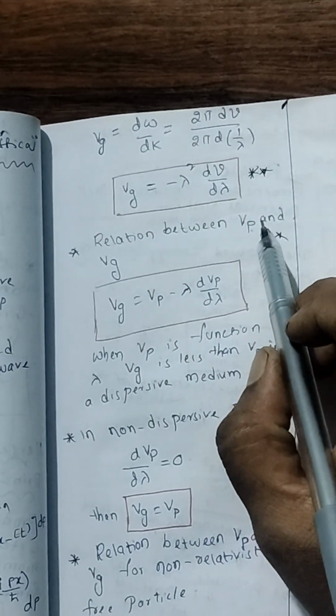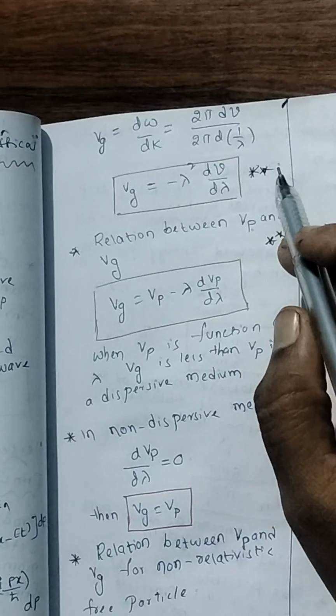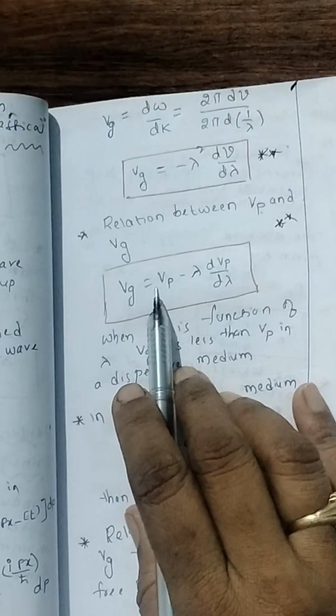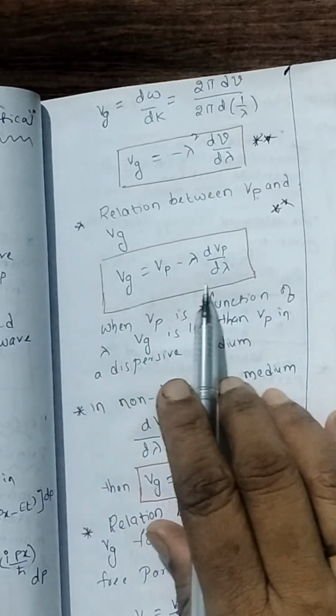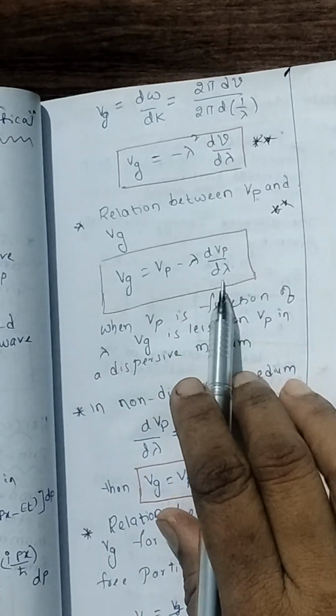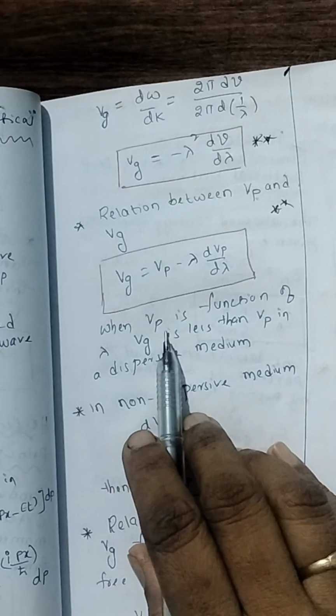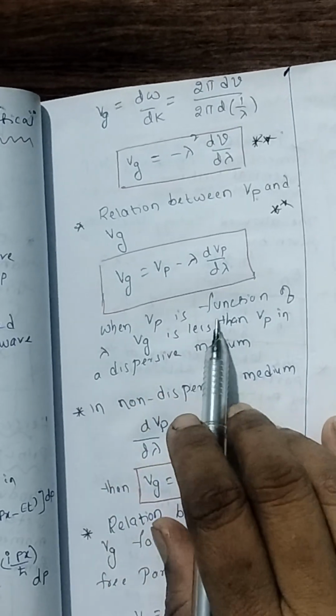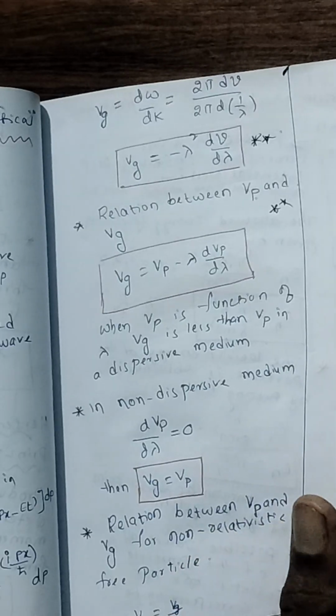Next, remember the relationship between phase velocity and group velocity. Most important formula: Vg equal to Vp minus lambda dVp by d lambda. Next, if Vp is a function of lambda, then Vg will be less than Vp in a dispersive medium.